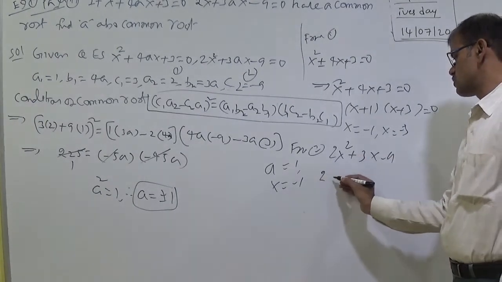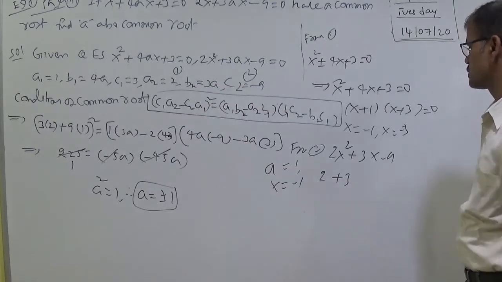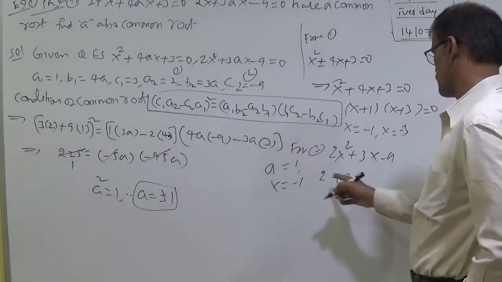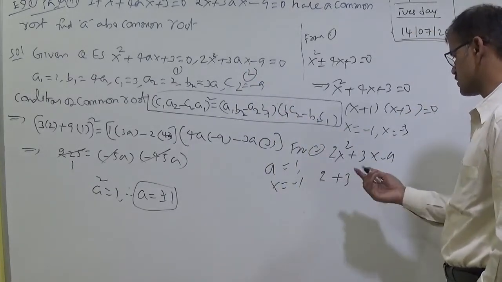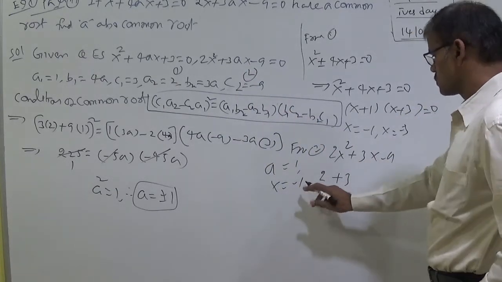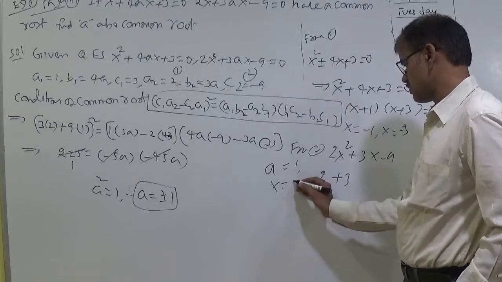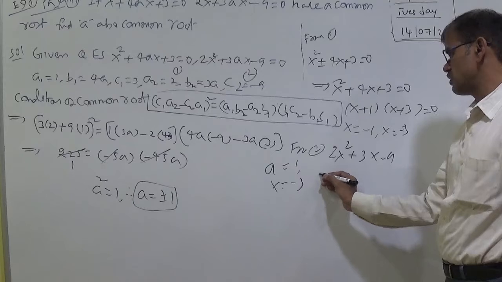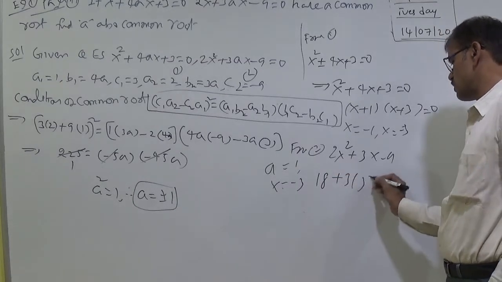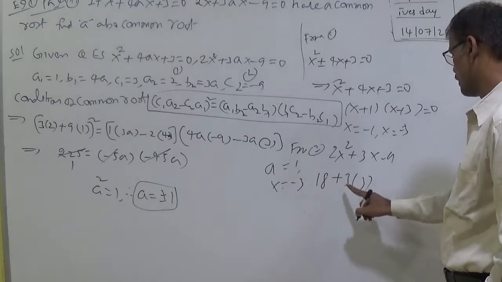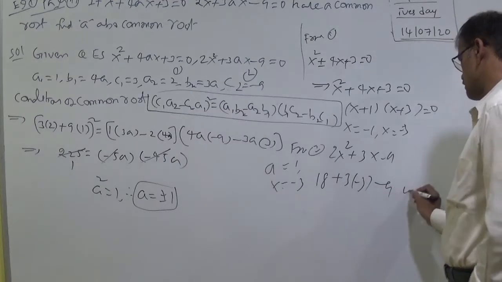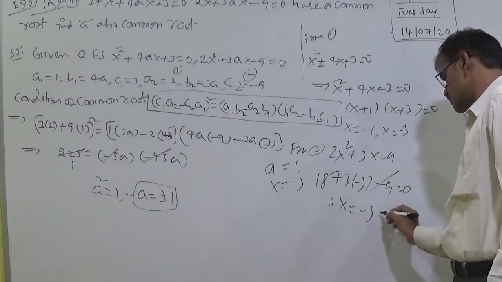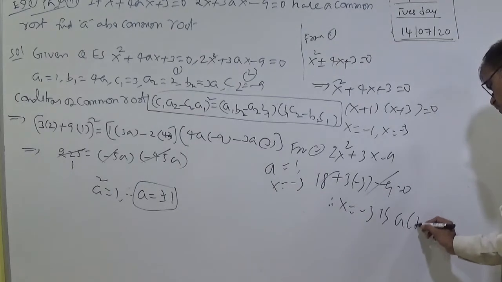If you put x is equal to minus 1 here, 2 plus 3 minus 9 is not possible. So x is equal to minus 1 is not correct. Put x is equal to minus 3: 2 into 3 whole square is 18, plus 3 into minus 3, so this is minus 3 minus 9 equal to 0. Therefore, x is equal to minus 3 is a common root. You can write.